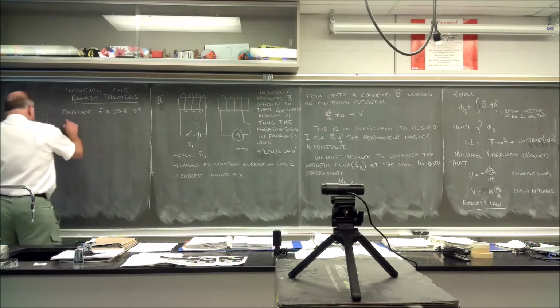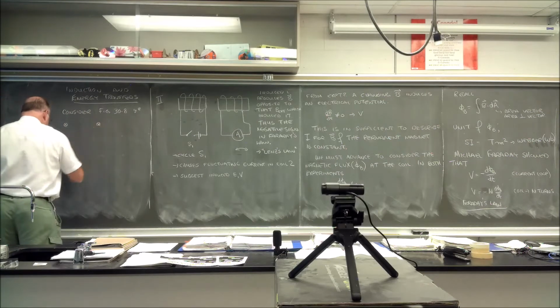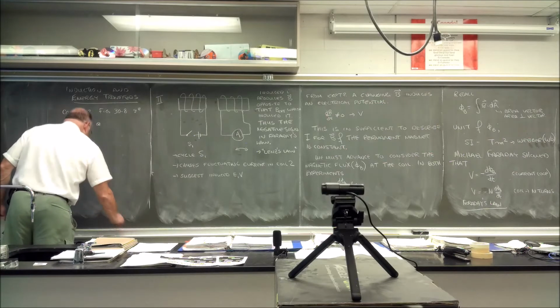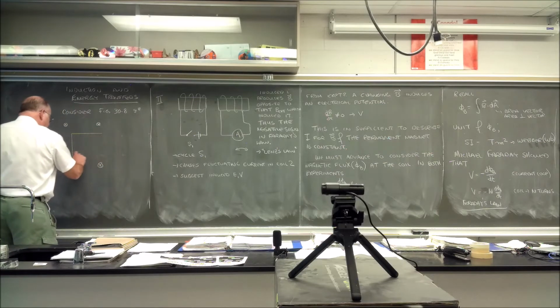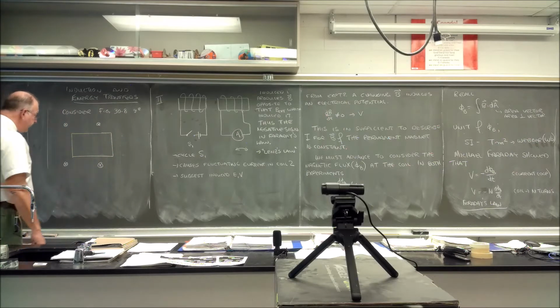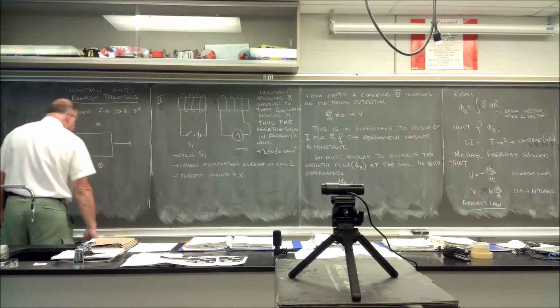So our magnetic field is like so. And then we have a current loop like so, which is partly into the magnetic field and we're going to pull it out of the field.